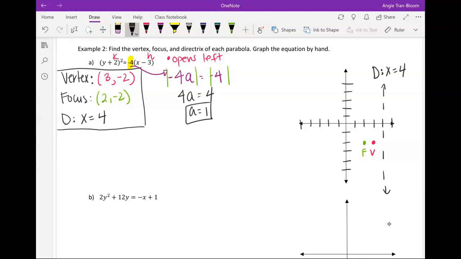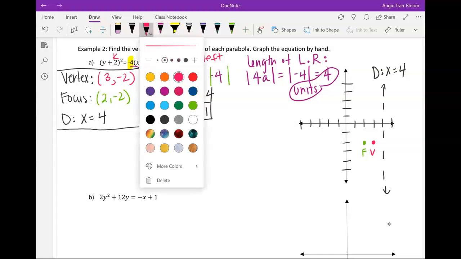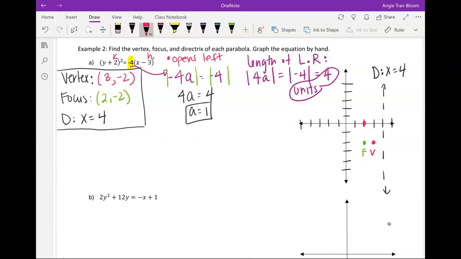If we know those three, we now need to find the total length of your latus rectum. The length is always the absolute value of 4a, which happens to be the absolute value of 4, which is 4 units total. If I know it's 4 units total, I can go up 2 from the focus and down 2 from the focus to finish graphing by hand.